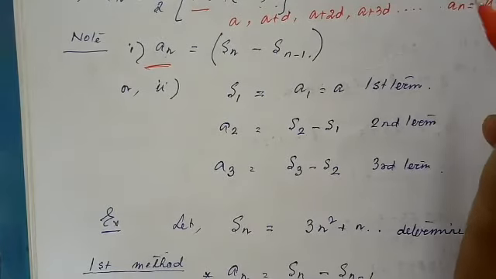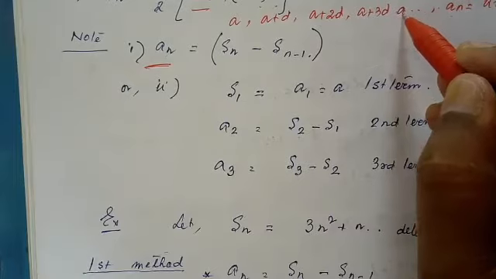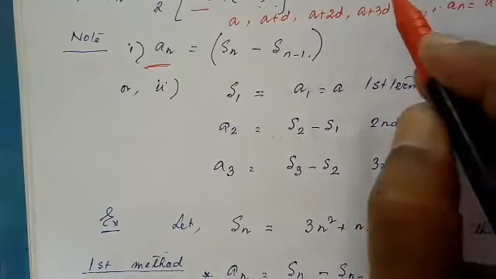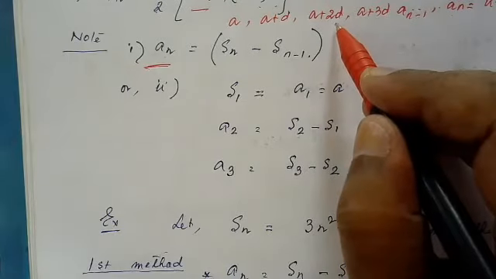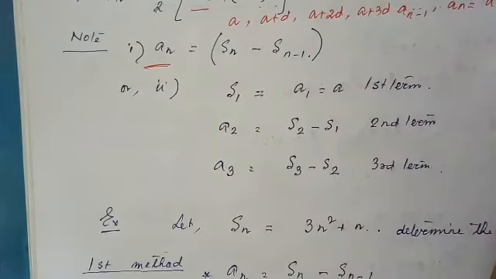Now my question is, if this is an, what is the term before this? It is a n minus 1. It will be 1 less than this, because if this is fourth term, this is third, 4 minus 1. If this is third, then this is second, 3 minus 1, like this.